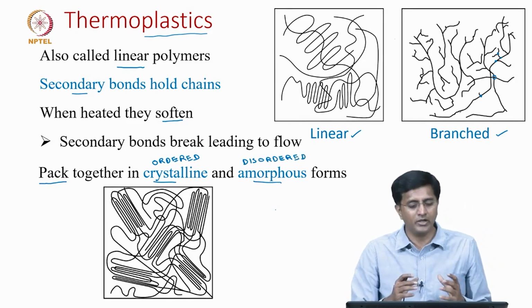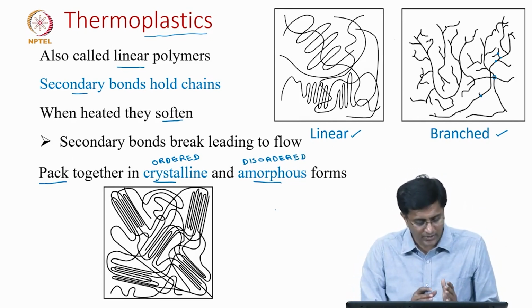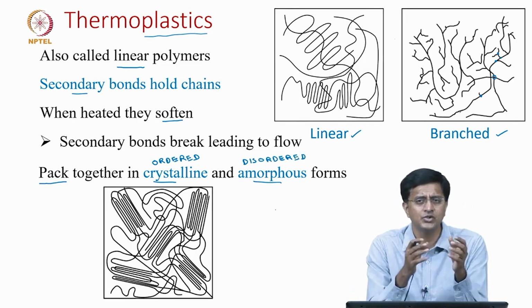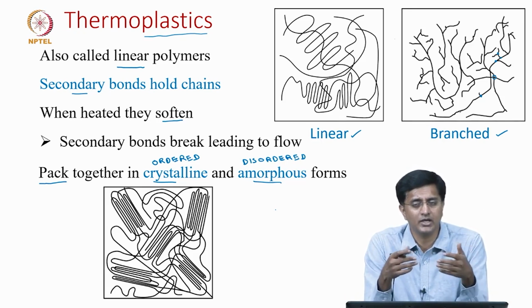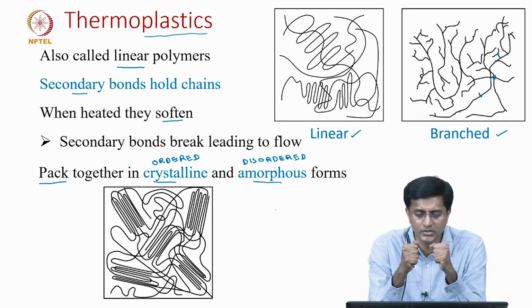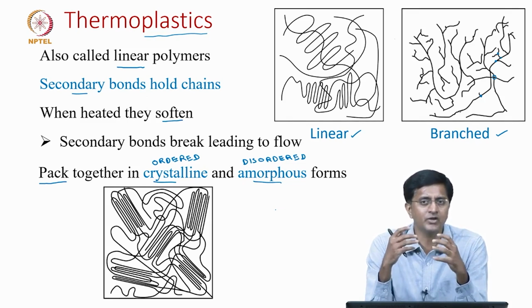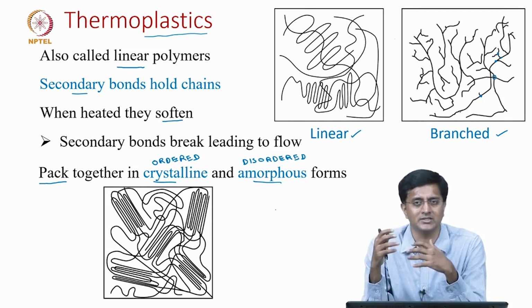So what do we mean by ordered and disordered? Crystalline, as we know for metals, usually we might have heard about BCC, FCC, body centered and face centered cubic lattices. What it means is all these molecules are very closely packed together in a very orderly fashion. That we call crystallinity in metals.